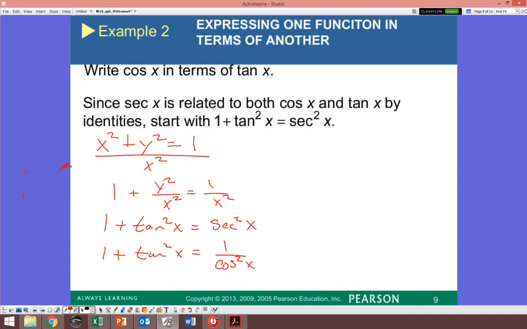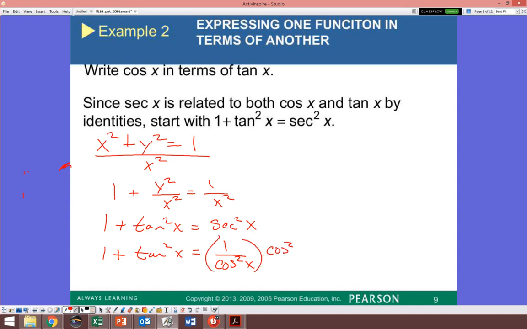Now, I have this fraction down here. This fraction, the cosine, is on the bottom. I don't like fractions. I want to get rid of it. So, since I have an equal sign here, what would I do to get rid of my fraction? Multiply both sides of the equation by cosine squared. So I'm going to do that.